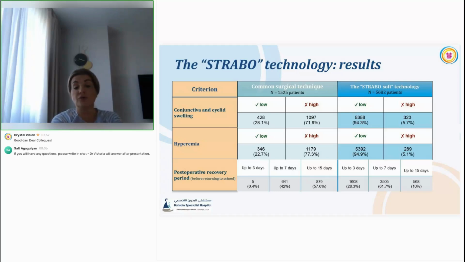And you can see on the slide, our proposed surgical method allowed for reduction in post-operative tissue swelling and hyperemia in over 90% of cases. The rehabilitation period can be shortened to just 3 days.